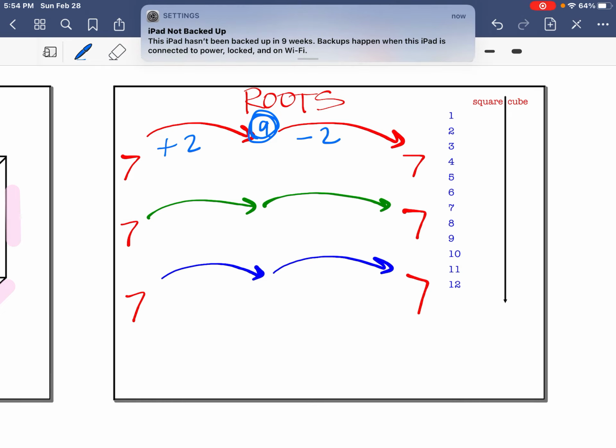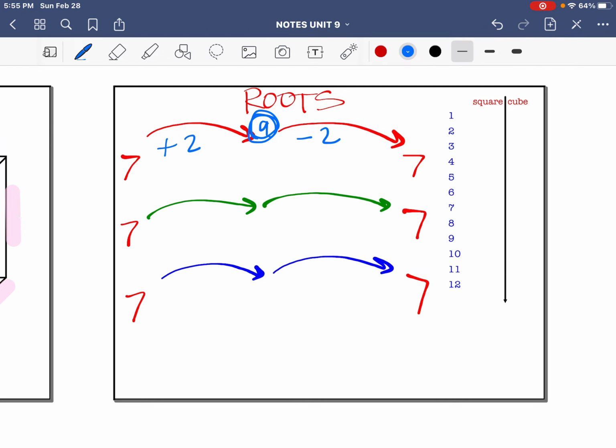Technically we know that the plus 2 and the minus 2 are opposites of each other, and they can just eliminate each other. So 7 plus 2 minus 2, these cancel each other out.